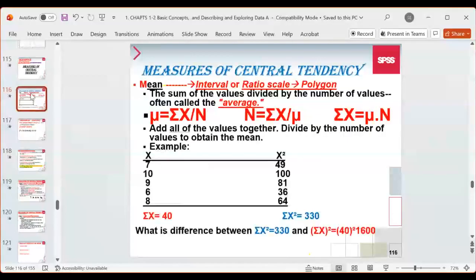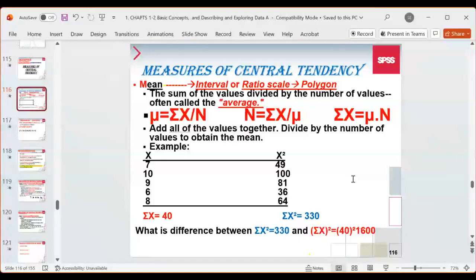We already mentioned that the mean is the best because it's the most accurate one. And also we use interval and ratio scales. And in terms of charts or graphs, we use a polygon for the mean.